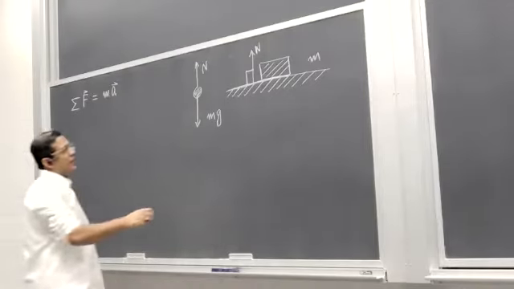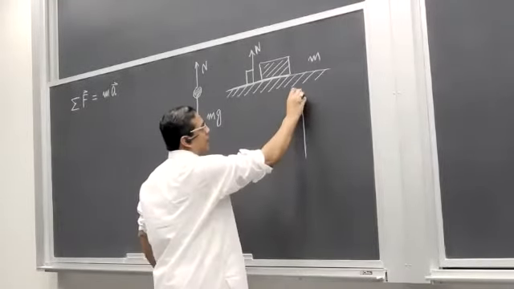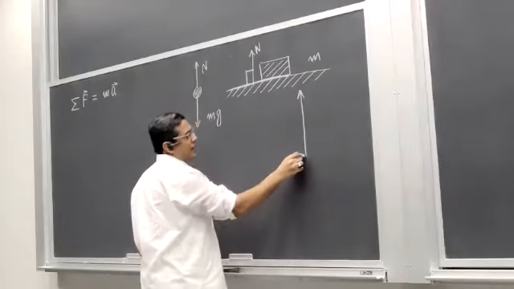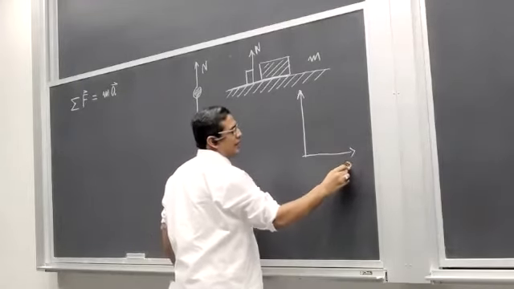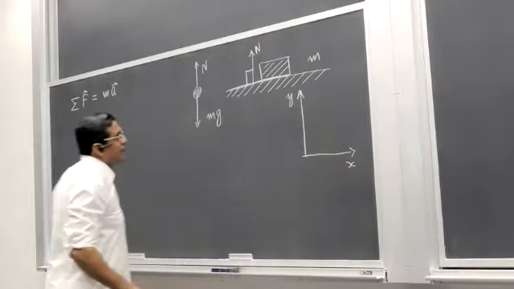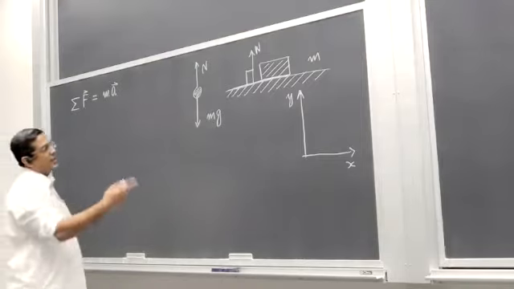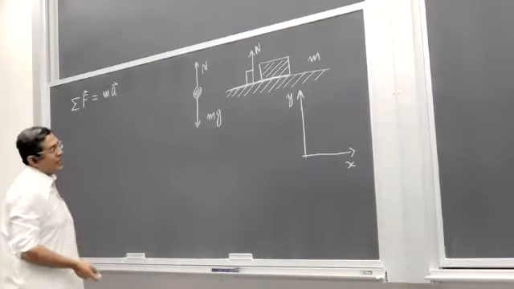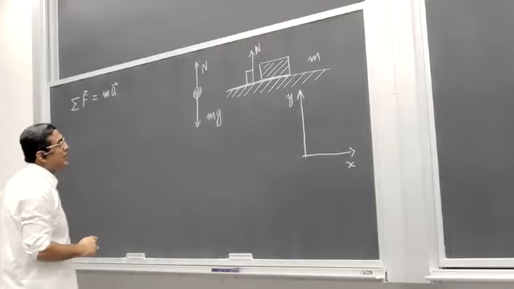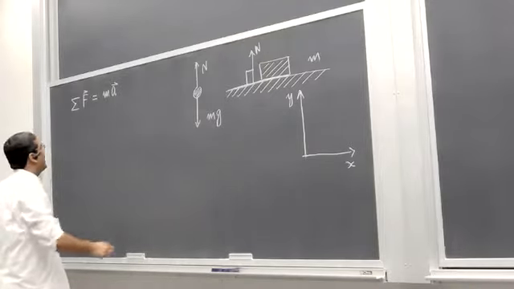Let's say that we have a frame of reference where y is upwards and x is in this direction. If you look at this object, there is no force acting in the x direction, and the object is at rest.